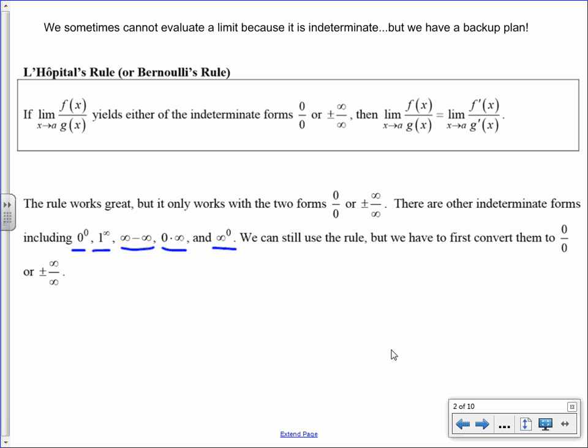Those are all indeterminate forms. And we can actually use L'Hopital's rule if we rewrite it to be a fraction, 0 over 0 or infinity over infinity. Now that is something that you're more going to focus on in Calculus 2 next year, for some of you.